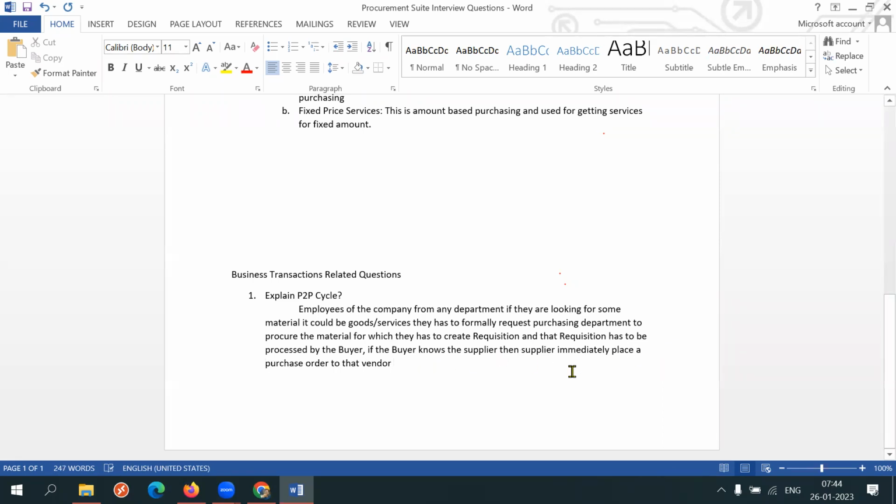Please correct me if I make such mistakes. Instead of saying the buyer knows the supplier, if any supplier is available to supply the goods or service, he will create a purchase order. Otherwise, he will start the bidding process. Okay, that's also fine.